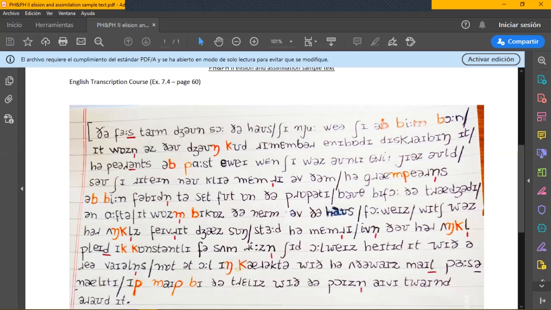It wasn't given the possibility to elide this sound, but if it can be elided, it will be, because whenever we have the opportunity of removing some sounds that will help us speak in a more fluent and quicker way, we should take that advantage and remove those sounds that don't make any change to the pronunciation.